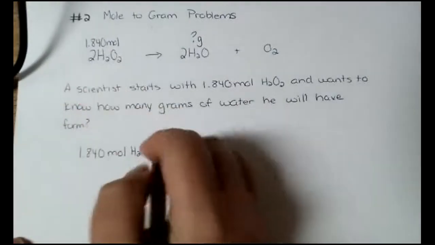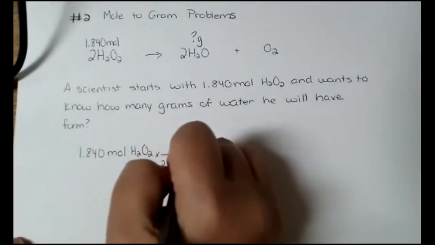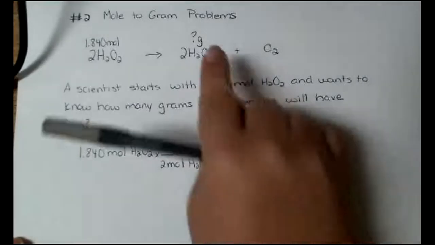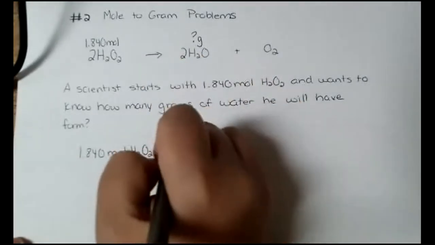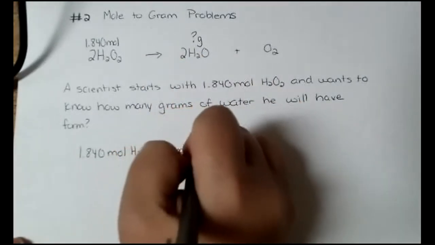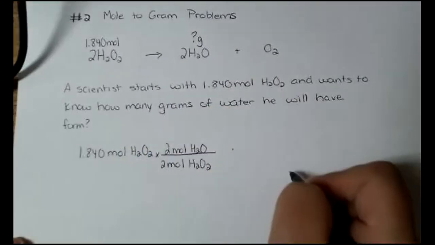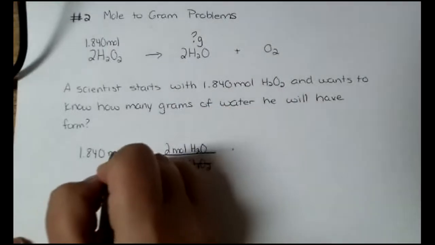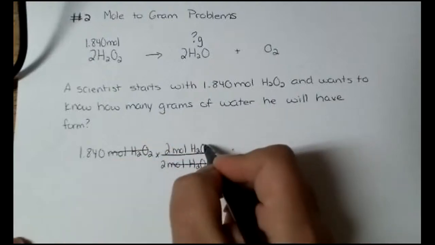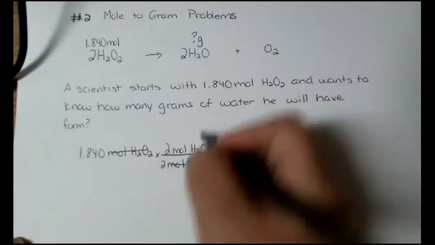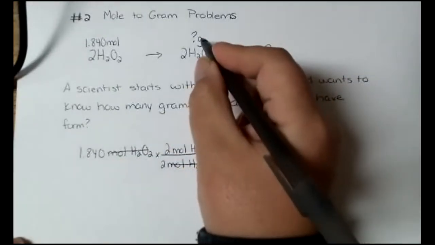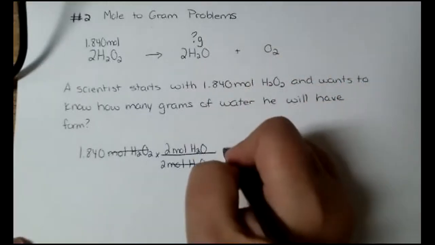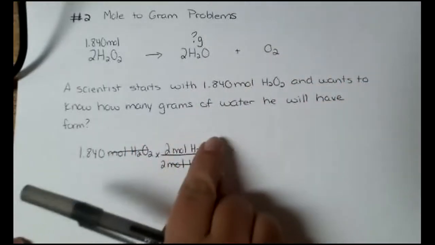So I have 2 moles of hydrogen peroxide, and I have 2 moles of water on top. And I put my hydrogen peroxide on bottom because I want to cancel it out. So I'm left with moles of water, but I'm not done. They want me to find grams of water. So in order to do that, I have to convert moles to grams.